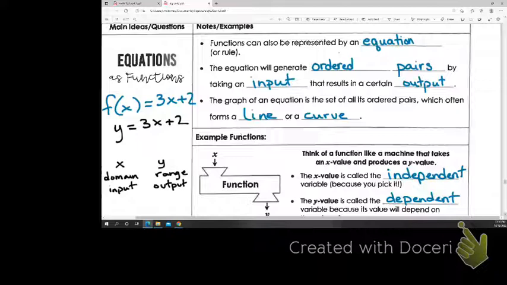Just like when we made the little graphs yesterday, on the x-axis we were typically writing time, because time is the independent variable. It keeps going and doesn't depend on something else. The y value is the dependent variable, and it's going to depend on what we plug in for x. We can think of x as independent because you're picking it. You get to choose. In some cases, we will have already chosen some numbers.